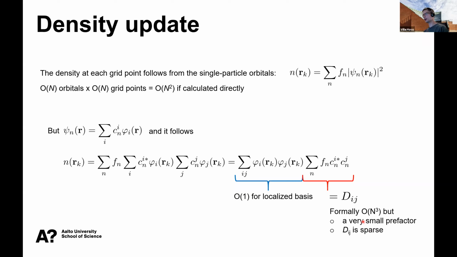How sparse depends on the system, but there's a lot of sparsity to be employed here, so that the actual density update turns out to be order n for the practical systems one does, if you use the density matrix-based update. It's the default for periodic systems and optional for cluster systems. For very small clusters, I think the single particle orbital update is still fast.